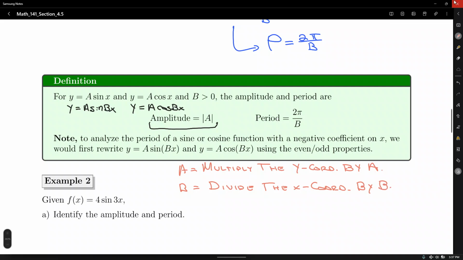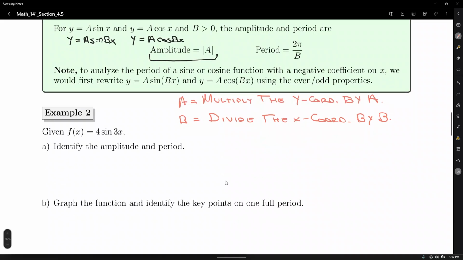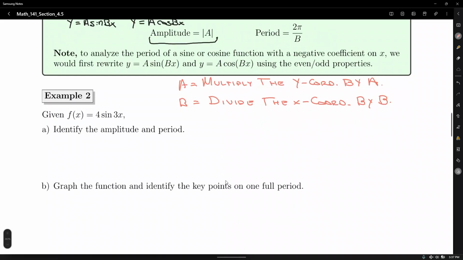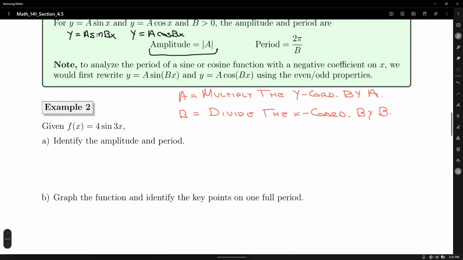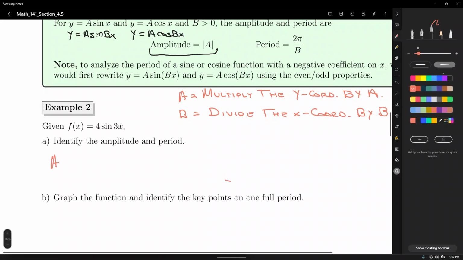Now let's have a look at a couple of examples. Given f of x equals 4 sine 3x, identify the amplitude and the period of the function. Number one, the amplitude, which is a. Let me use it in words first.